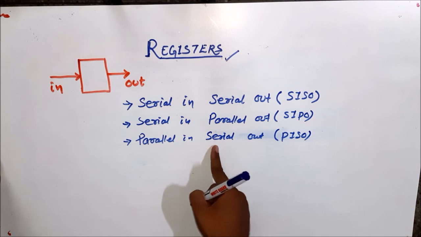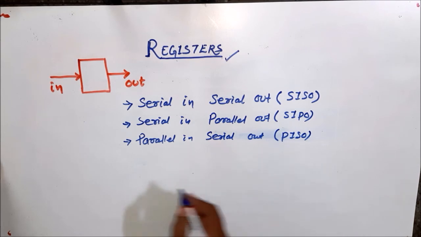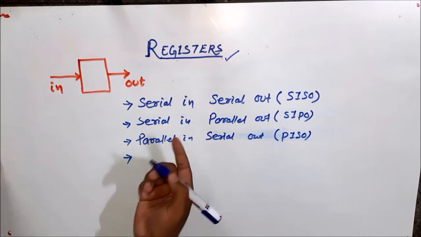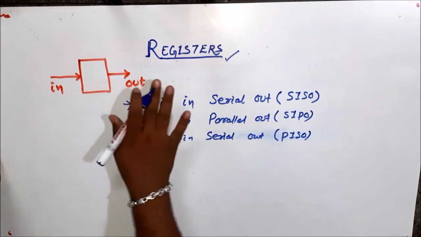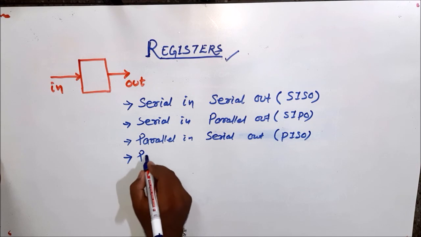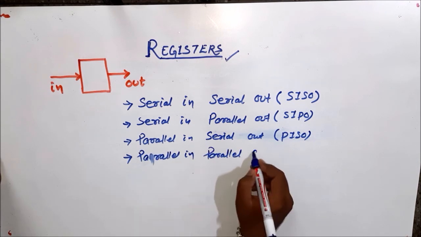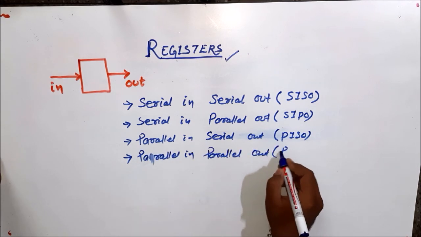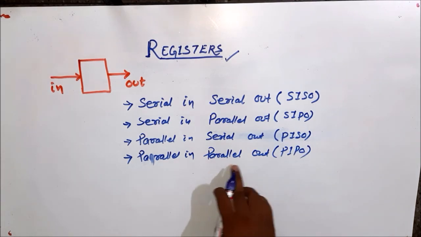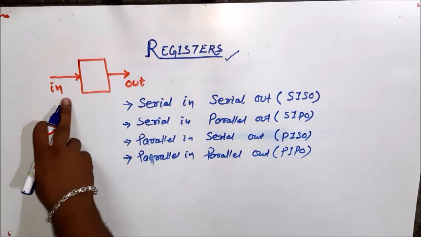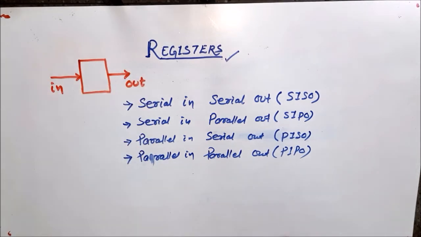And if my device takes parallel input and provides parallel output, we can say parallel in, parallel out, PIPO. So data input is parallel and data output is also parallel.